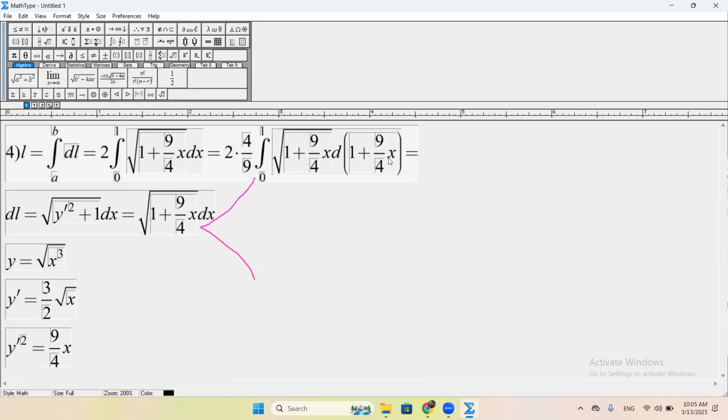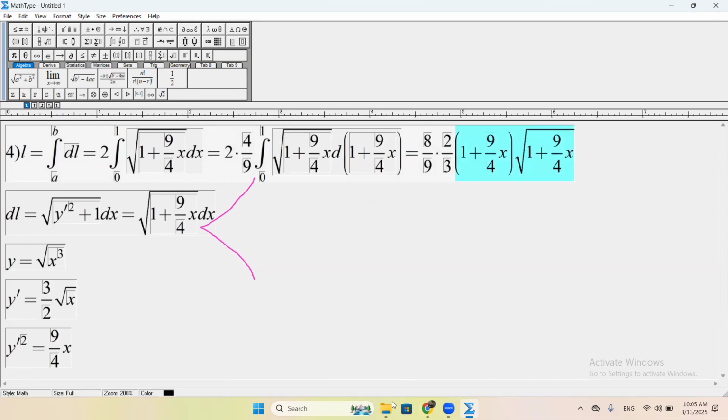So 8 over 9 multiplied by 2 over 3, and this expression with substitutions from 0 to 1.